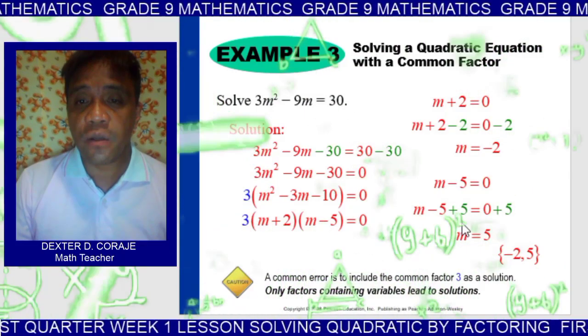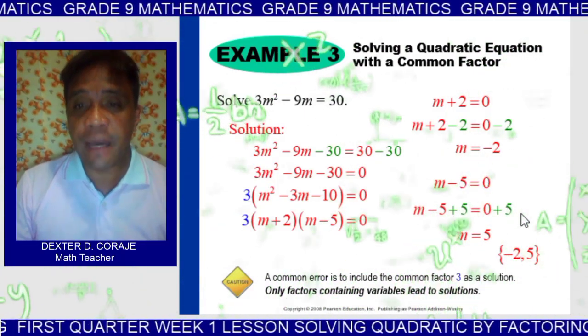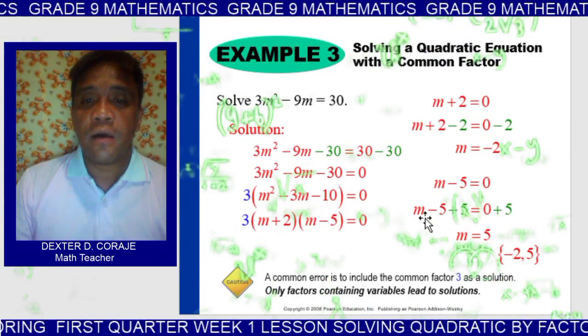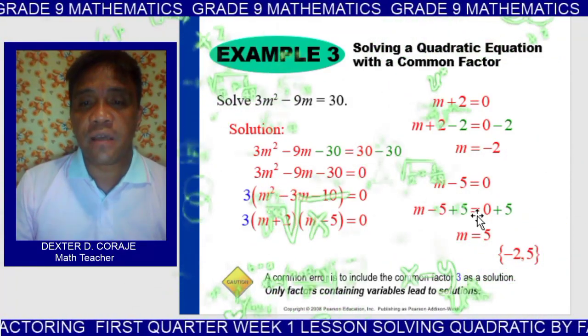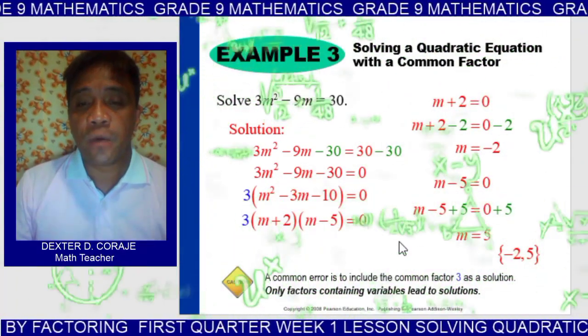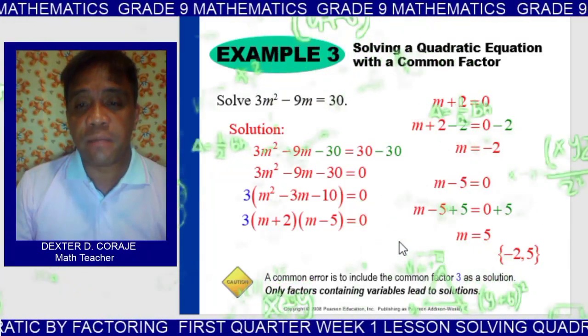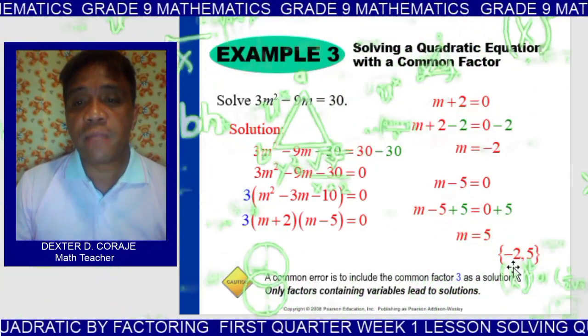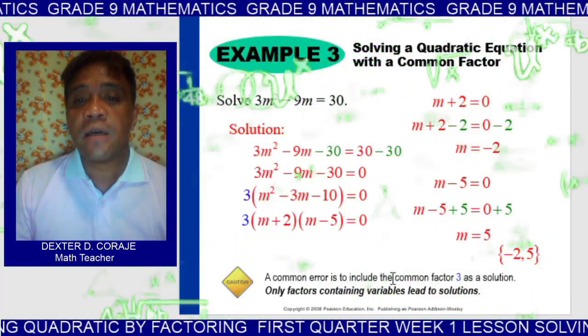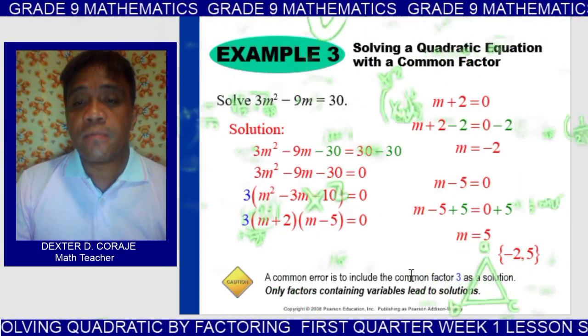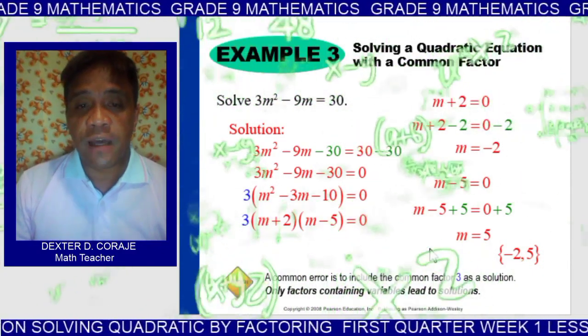So we are going to add positive 5 to both sides. So we have now m minus 5 plus 5 is equal to 0 plus 5. So we have m is equal to 5 now. So the values of m that we have now are negative 2 and 5.